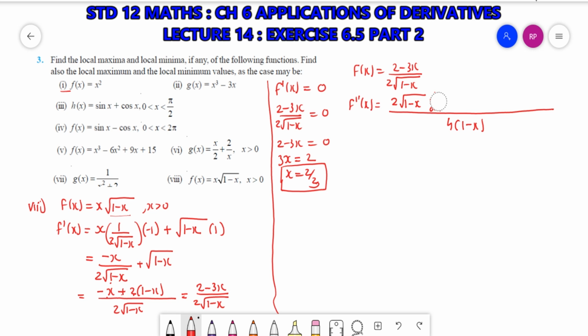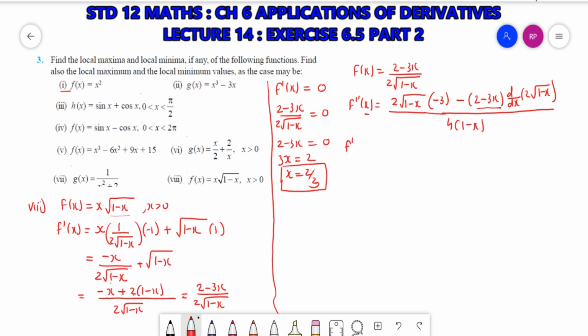So let me write down directly. Derivative of 2 minus 3x will be equal to minus 3. Minus 2 minus 3x as it is, times d by dx of 2 root 1 minus x. Okay. Say why I have used this shortcut: because when I put x equal to 2 by 3, this term will become 0. 3 3 cancel, 2 minus 2 is 0. So no need to waste time in finding out the derivative.